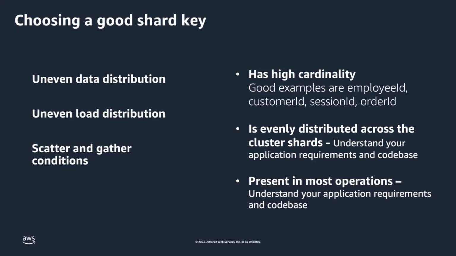Thirdly, it should be present in most operations. Insert and update queries should definitely contain the shard value, but read queries should also rely on the shard key to avoid scatter and gather conditions. You also improve cluster scalability when incoming queries are routed to only one of many shards in your Elastic cluster.